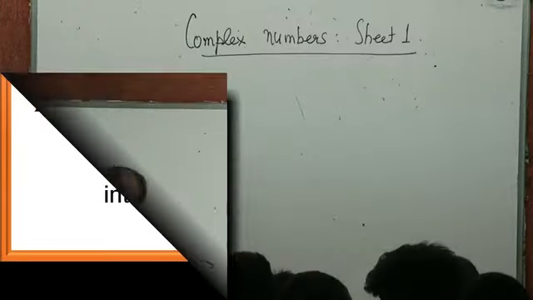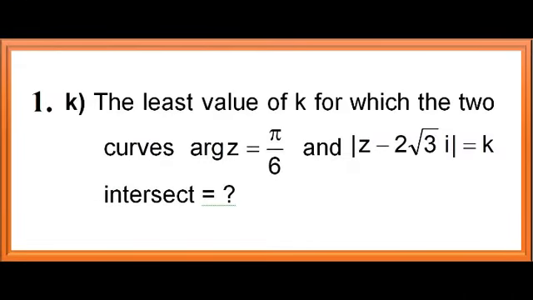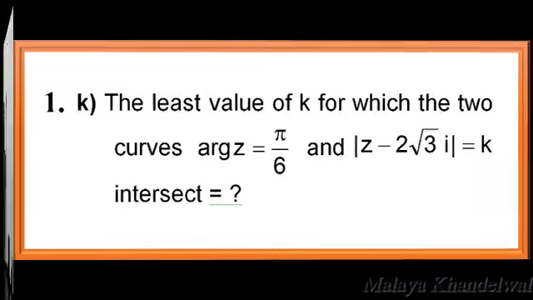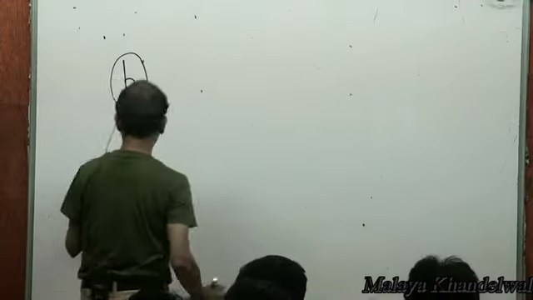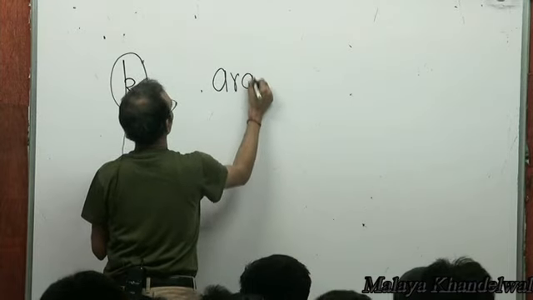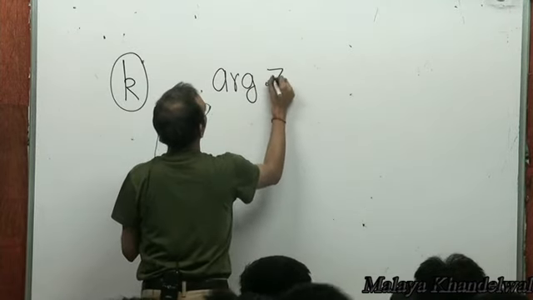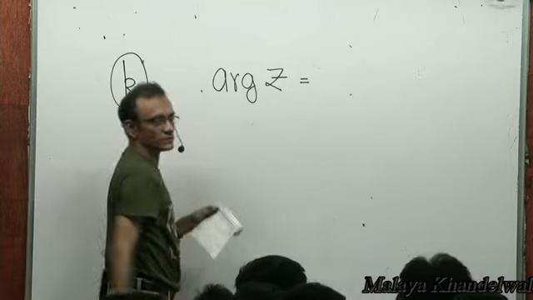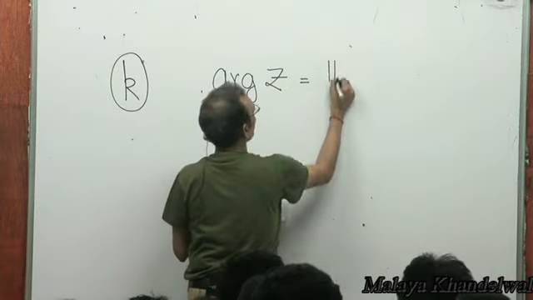Yes or no? Okay. Now there is a moving point Z such that argument Z is pi by 6.